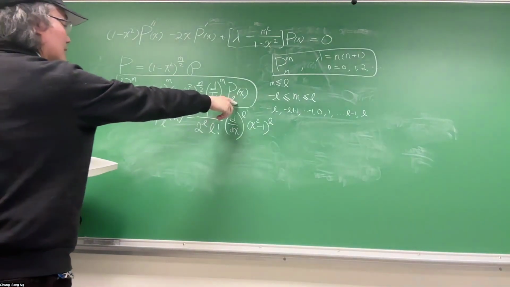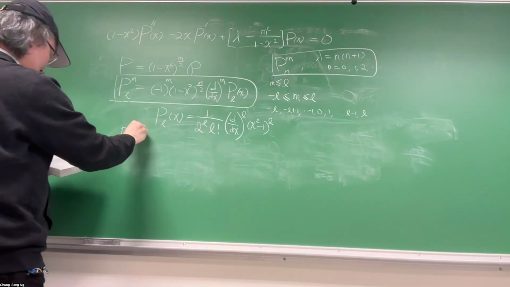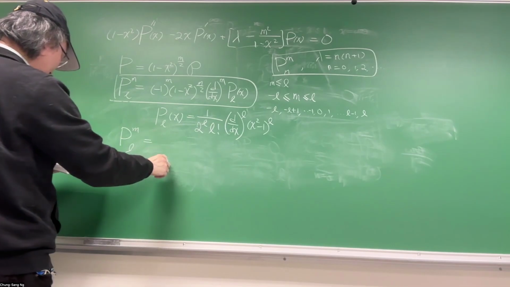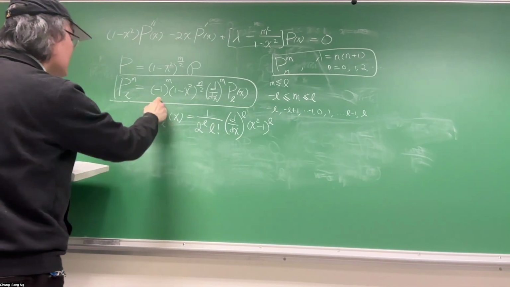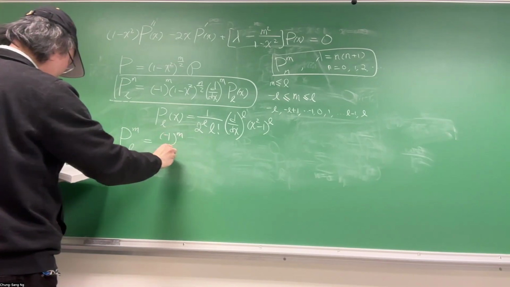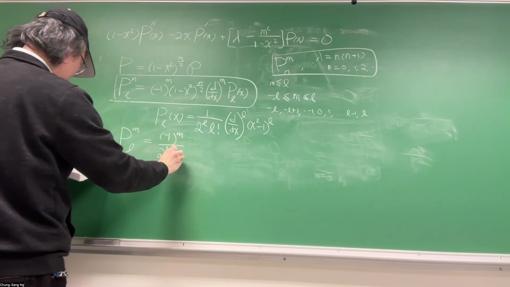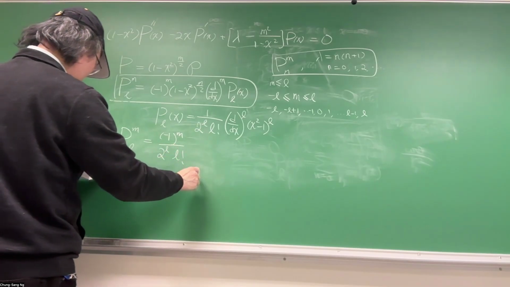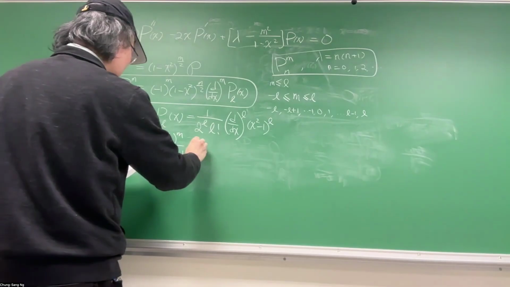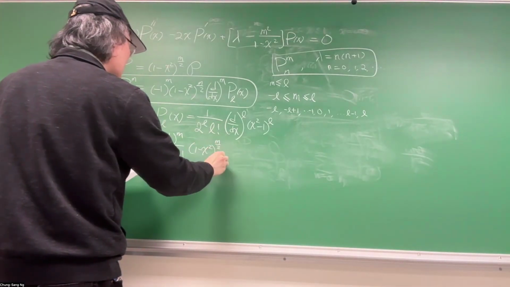Let's substitute this into here. So P_L^M is given by (-1)^M over 2^L L factorial, times (1 - x^2)^(M/2).